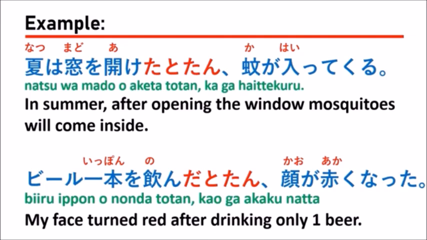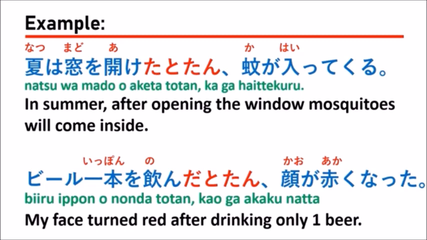Biru ippon. Ippon means one beer. So, ビール一本を飲んだ途端、顔が赤くなった。顔が赤くなった means your face turned red.